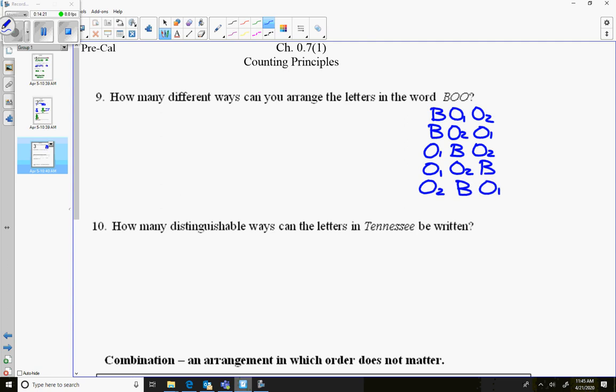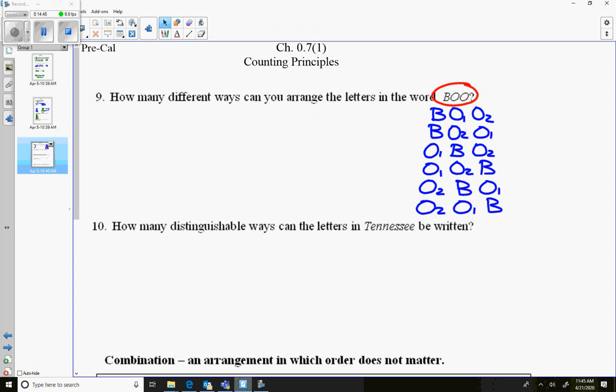Again, it could be B followed by the first O, or it could be the first O followed by the B. Bottom line, how many things did we actually get here? We got 6, which with 3 letters, 3 factorial, should have given us 6 possibilities. So that's what we've got.